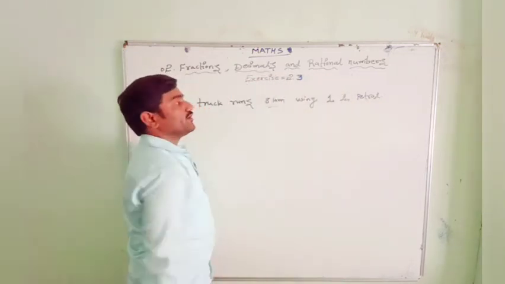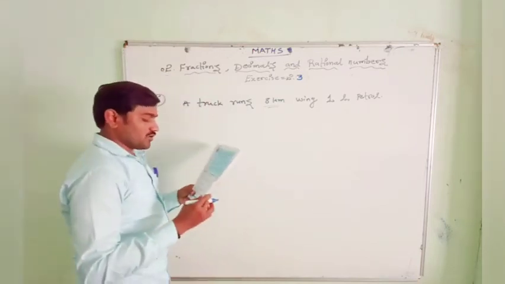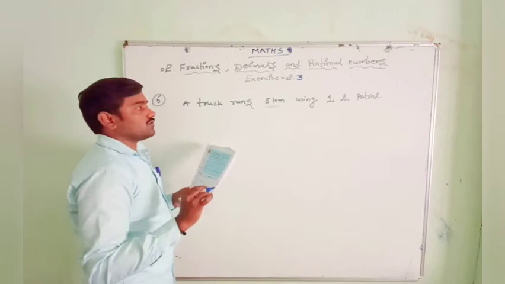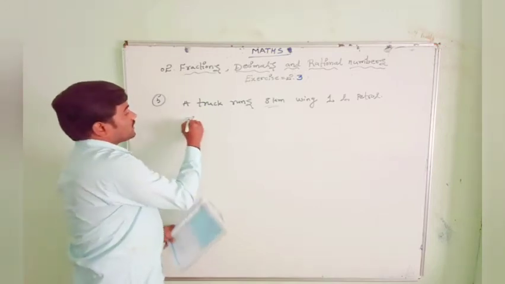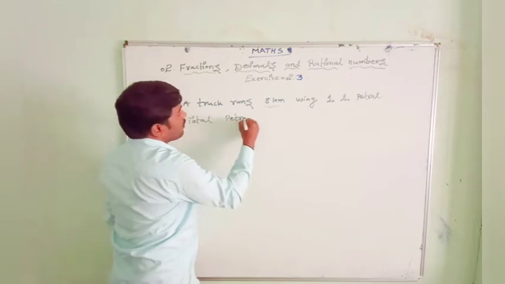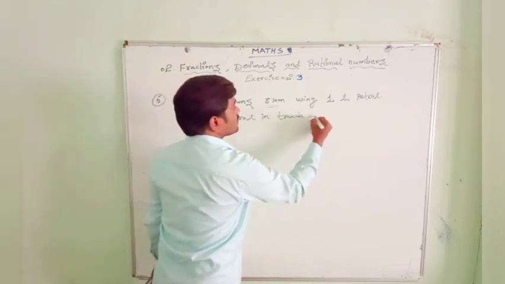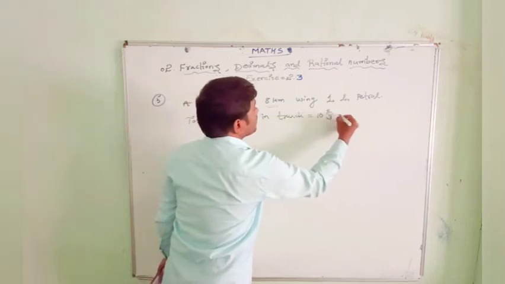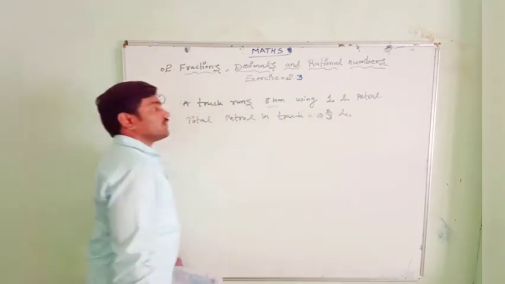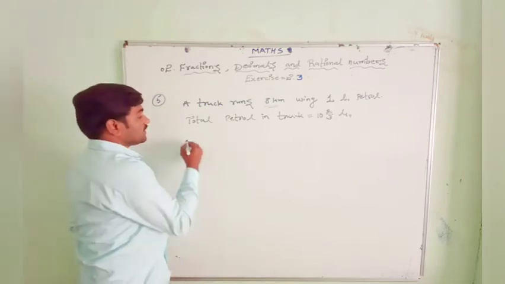It takes 8 kilometers using 1 liter of petrol. Okay, how much petrol is there in the truck now? The total petrol in the truck is equal to 10 whole 2 by 3 liters. Okay, 10 whole 2 by 3 liters. Now how much distance will it cover?